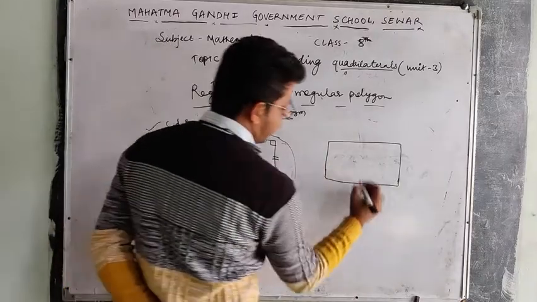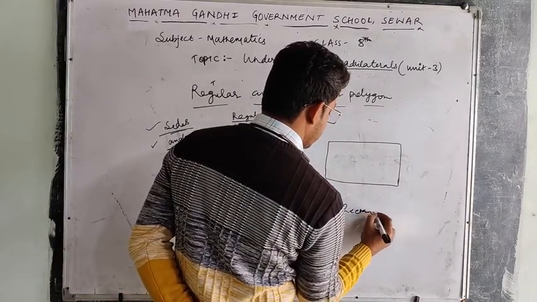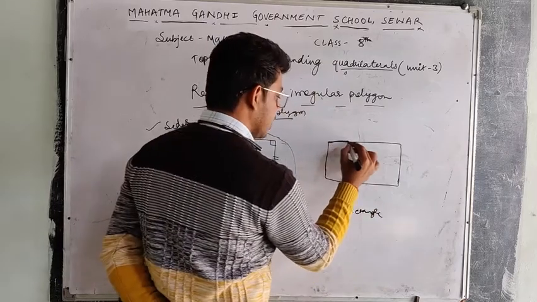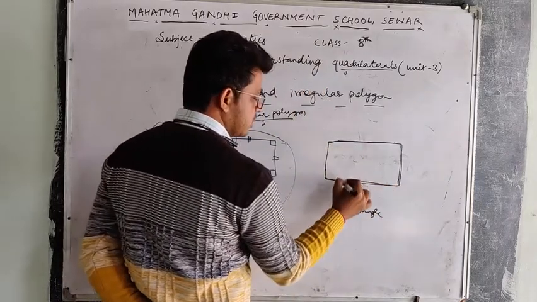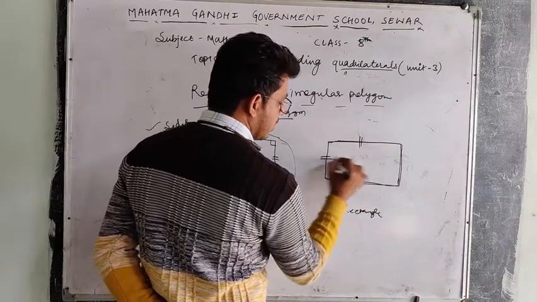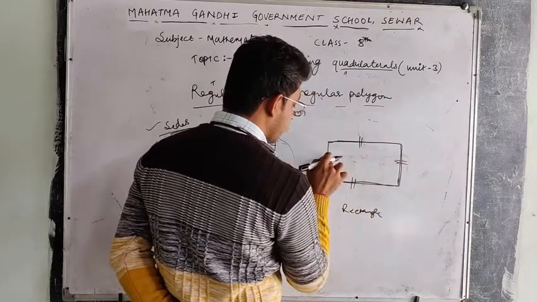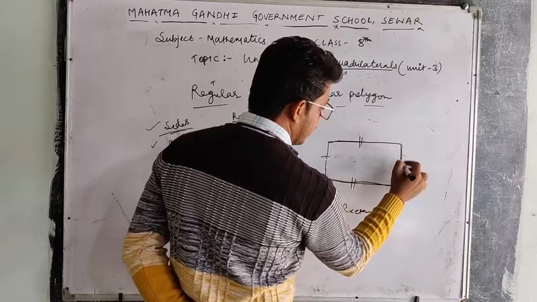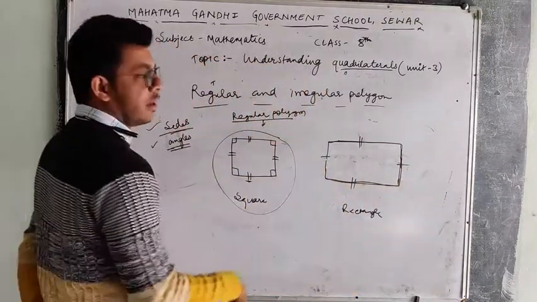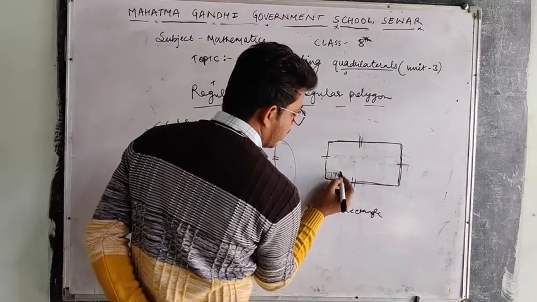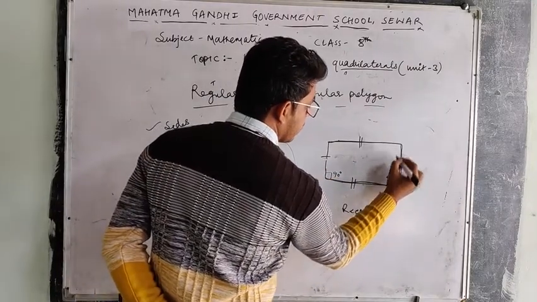Now we will talk about the rectangle. It has four sides, but these two sides are equal to each other and these two sides are equal to each other. So not all four sides are equal, but the angles are all equal, that is 90 degrees.